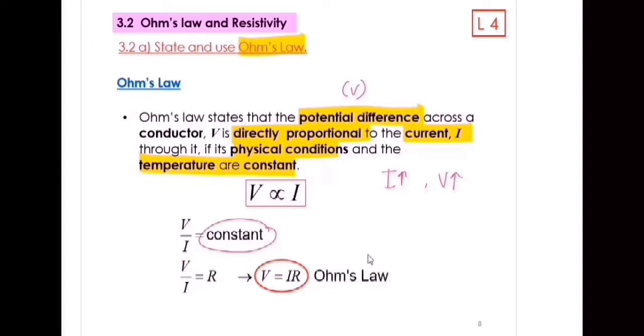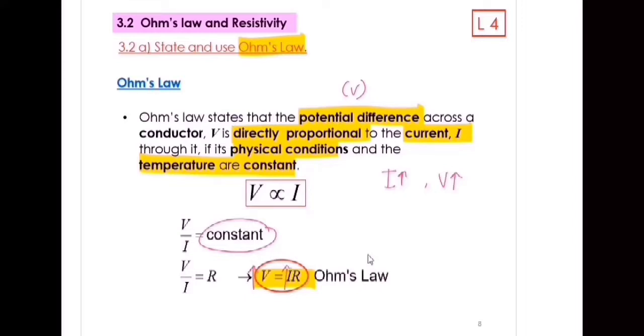Now we get Ohm's law. This is the very important equation: V equals IR, where V is the potential difference, I is the current, and R is the resistance. So when a bigger V is applied, when we increase the potential difference, automatically the current will also increase.